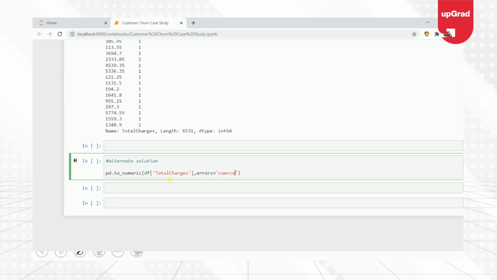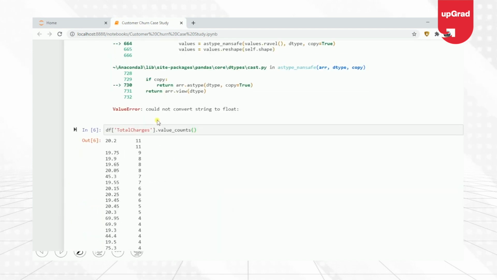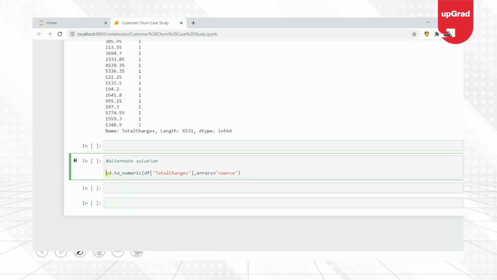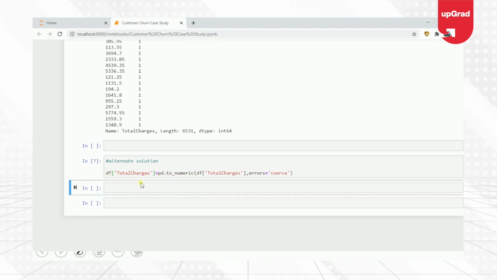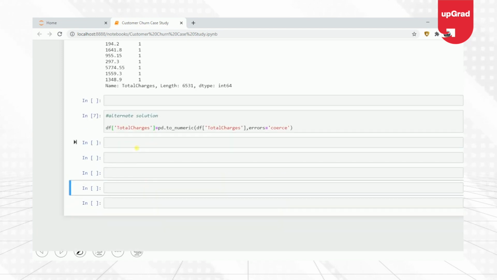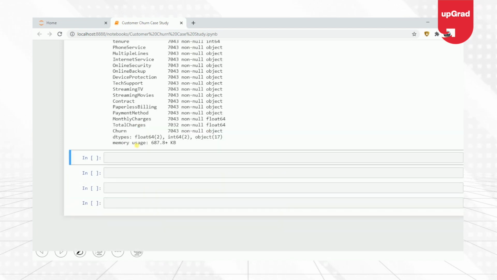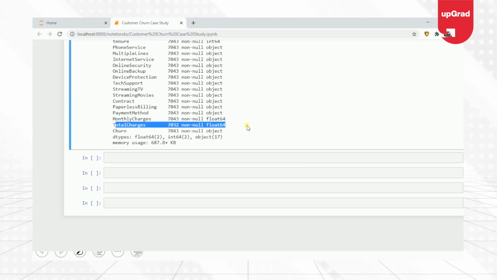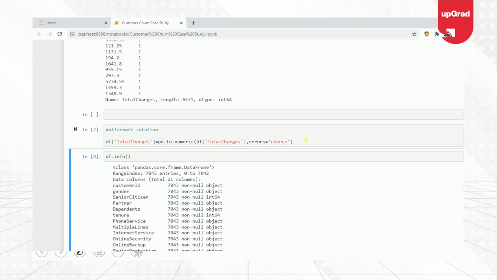Coerce basically means that if there are any invalid or missing values, they are handled instead of raising an error. Once the conversion is completed, the total charges will be updated. Let's execute the code and check the information once again. If you observe here, we are able to convert this column from object to float64 by using this alternate solution.